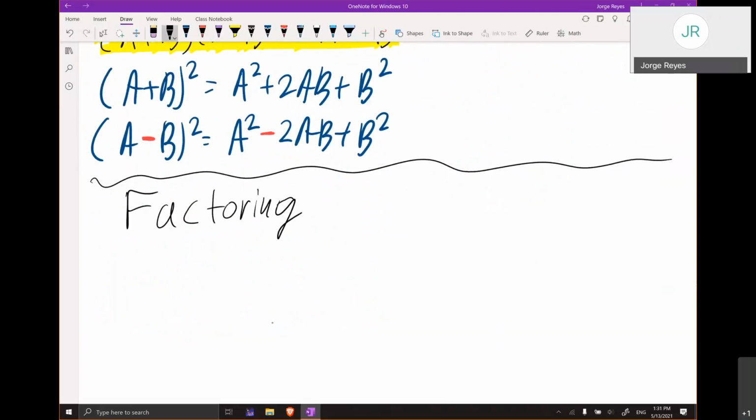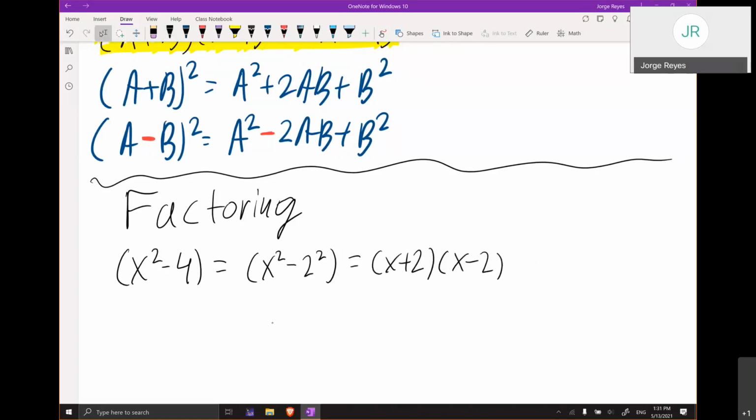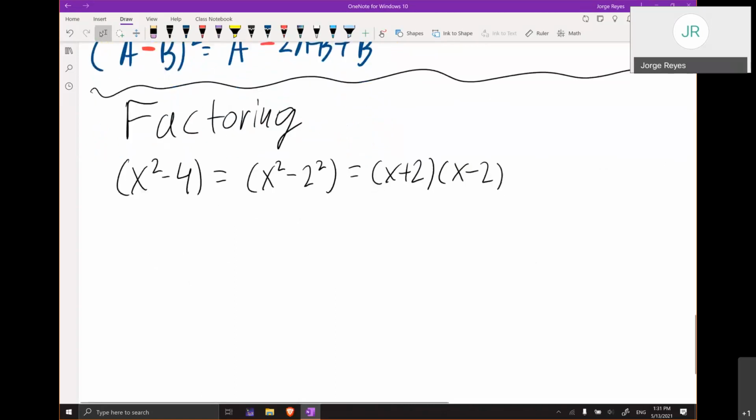One way to factor is that you have memorized a formula, like the difference of squares formula. So here's an example of using the difference of squares formula. And there are many, many formulas you can choose to memorize.